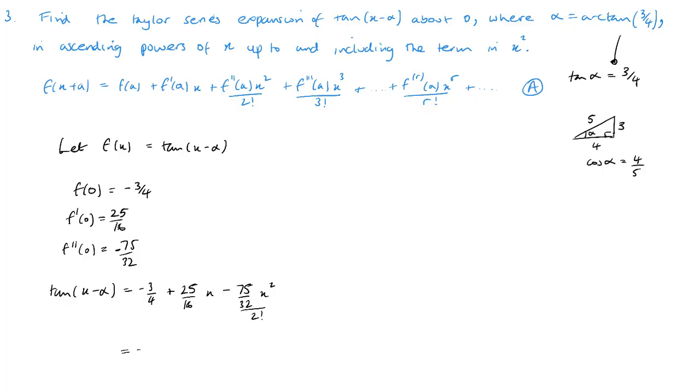So that's going to be minus 3/4 plus 25 over 16 x minus 75 over 64 x squared. Obviously the series does continue on, but that's as far as we need to go. Okay, and that is question 3 done.